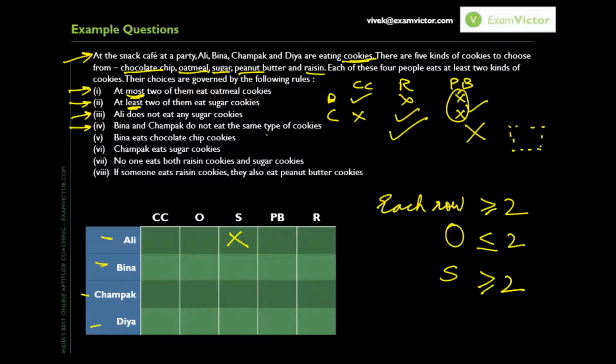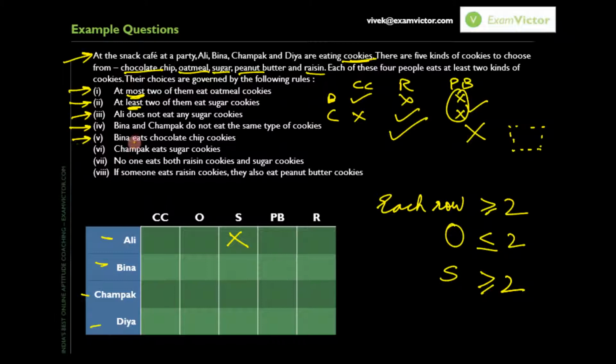There is no requirement that together they have to eat all the cookies. It doesn't mean that. So it could be that each of them eats 2 different types of cookies and there is one 5th type which neither of them has had, and that is absolutely fine. So this is an important point. Otherwise there's nothing else that we can capture from here to put on the table. So we have just read and understood this.